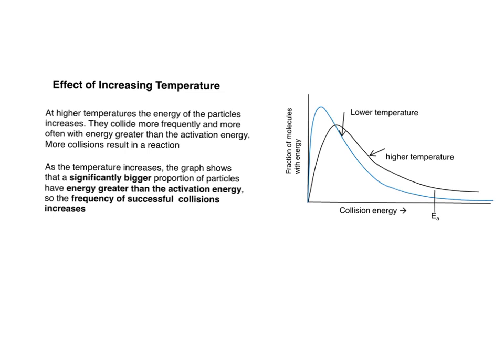Remember, the area of both curves will be the same, but the number of molecules which have the activation energy or greater is greatly increased. And that explains why a slight increase in temperature can have a much more dramatic effect on the rate of reaction. So pause the video, go over the work on this slide, and then we'll move on to the next slide.